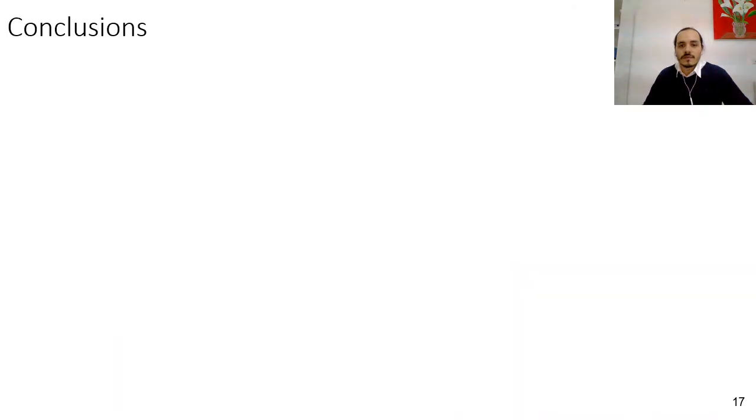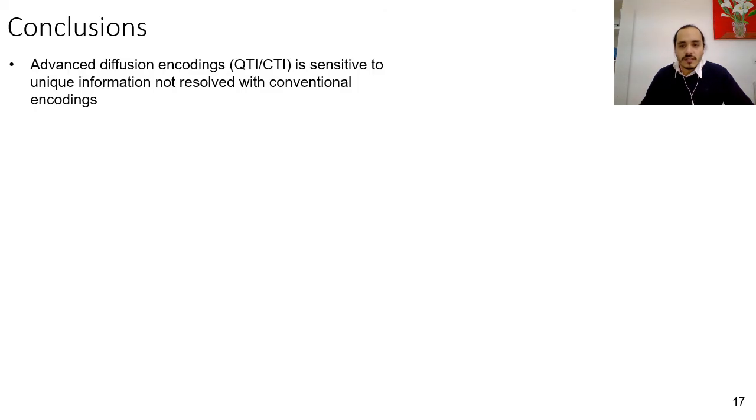Okay, so to summarize this first talk on key trajectory imaging, the conclusion or take-home message is that advanced diffusion encoding sequences are sensitive to unique information that cannot be resolved with conventional encoding.